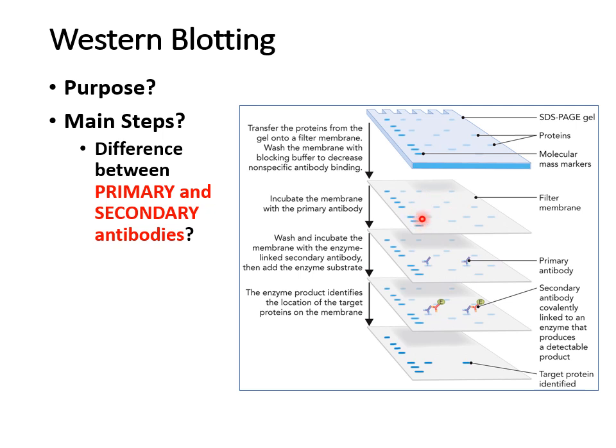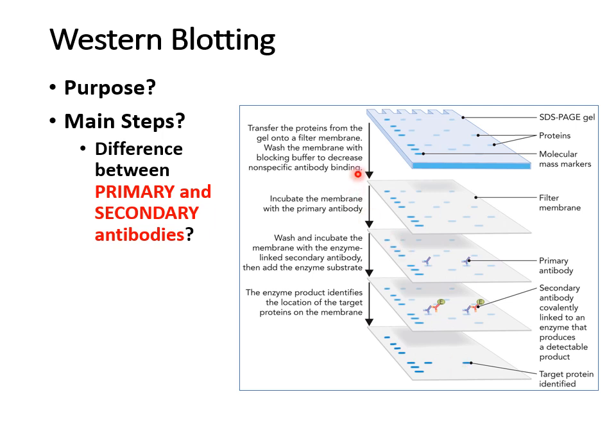You would then wash it and block the rest of the spots where the proteins aren't, so that you don't get non-specific binding. You would incubate it with a primary antibody, then a secondary antibody, then visualize it.